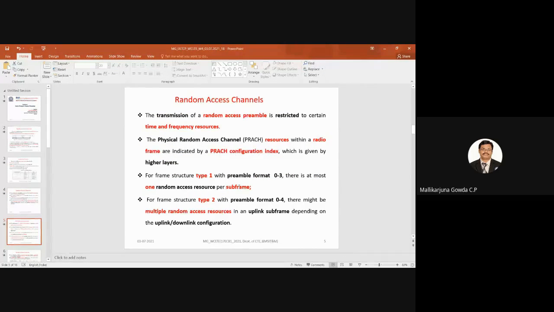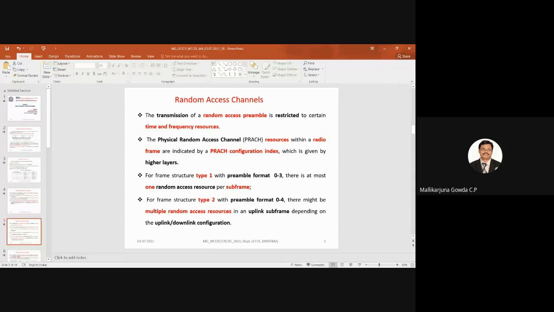I said the transmission of these random access preambles is restricted to certain time and frequency resources. This random access preamble, which will be carried by RACH, will not be transmitted randomly in every OFDM symbol of every slot. Certain symbols of certain slots of certain subframes are allocated for this. The physical random access channel, PRACH, resources within the radio frame are indicated by the PRACH configuration index, which will be provided by the higher layers.